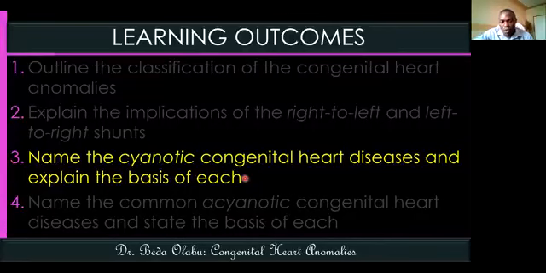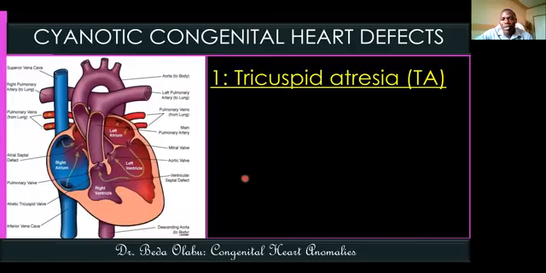And they do this because they have a right to left shunt. So the cyanotic congenital heart diseases that we are going to look at have a right to left shunt. So it's our duty to look at where that shunt is and why it is happening. The first one is what we call tricuspid atresia.